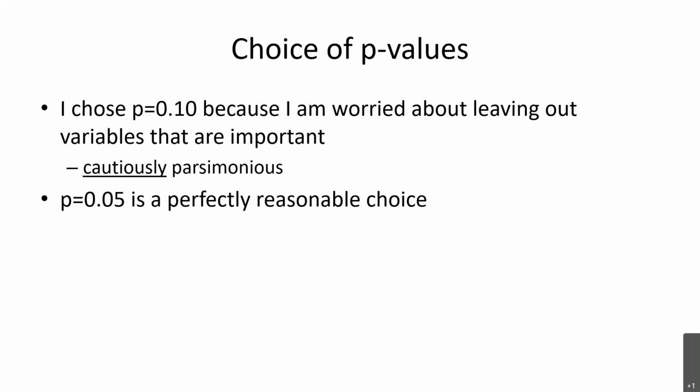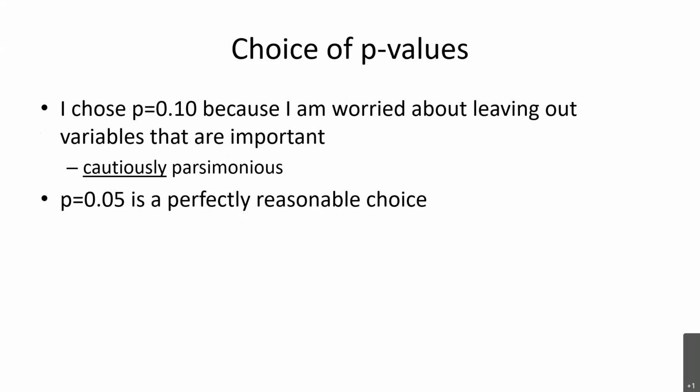Now, this second type of error is more serious because it will lead to biased estimates. You're leaving out a variable, which effectively means the coefficient is 0, whereas really it should be some other value that's not 0. And because by leaving it out, your estimates become biased. Because I'm worried about that more than adding a noise variable, I want to be parsimonious, meaning I don't want too many variables. I want few variables, but I want to do that cautiously.